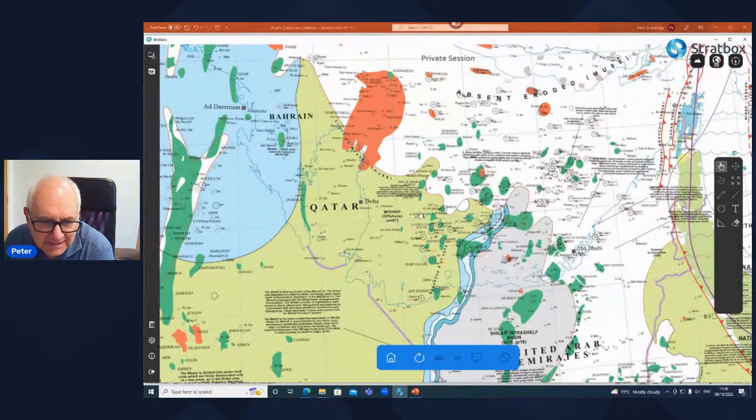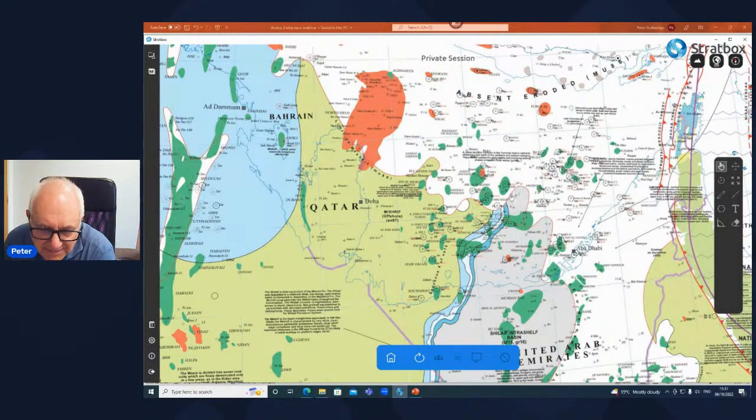The green is this peritidal carbonate. The blue is the high energy carbonates associated with the shelf margin. The palest blue is the best reservoir quality. And then we go into these deeper water carbonates associated with the intrashelf basin.